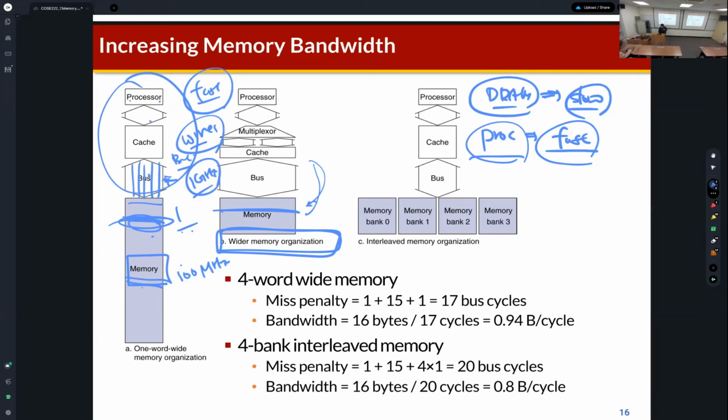Because the memory is slow, we can use the wider memory, and when we access the memory once, we can read a large amount of data. That can increase the performance. The problem is that it's expensive.